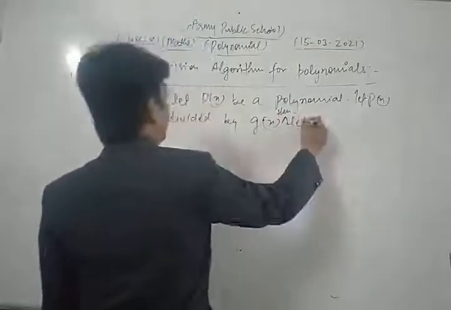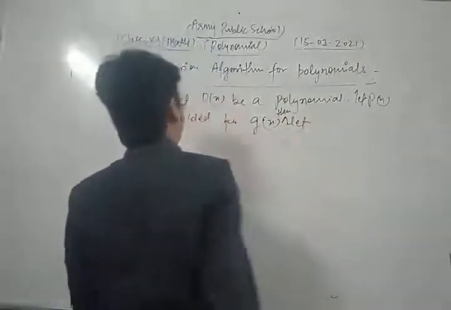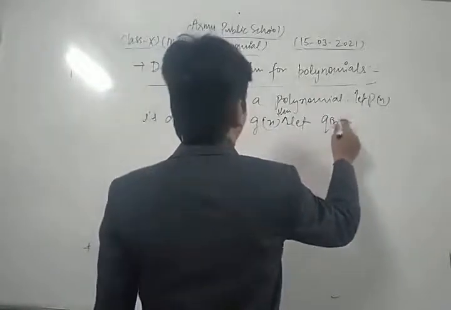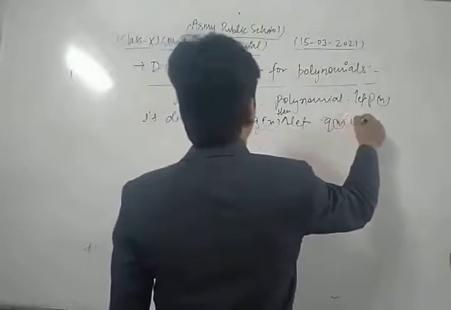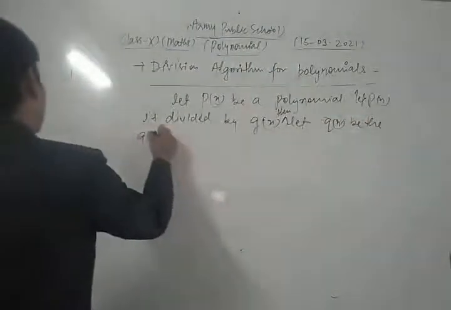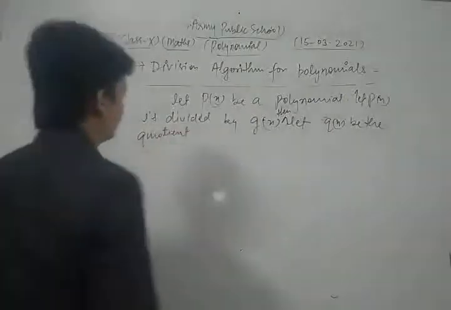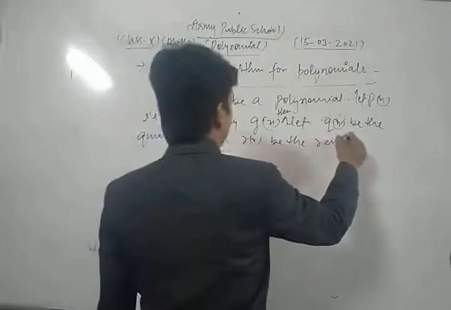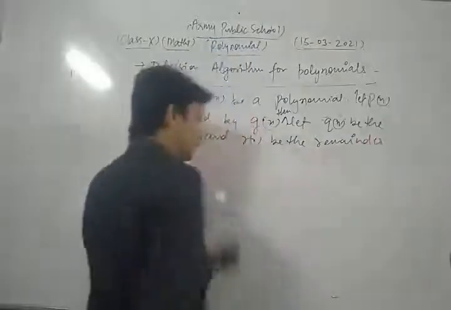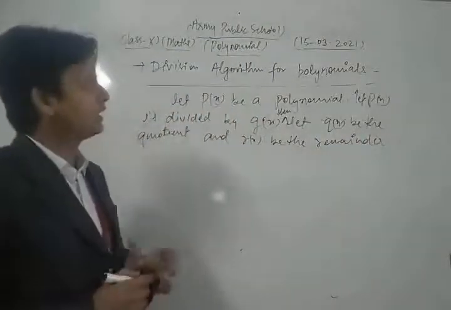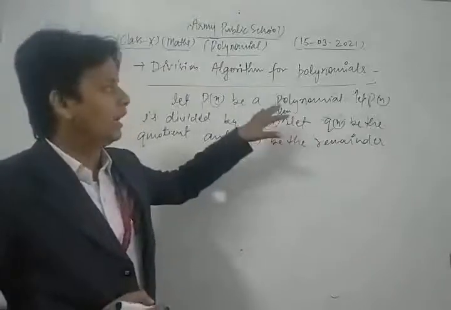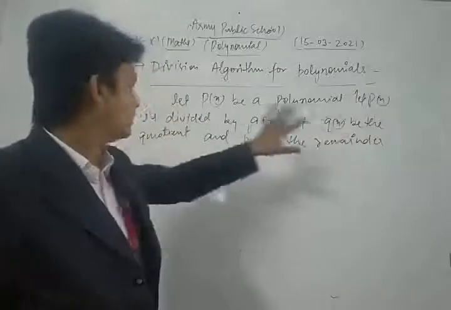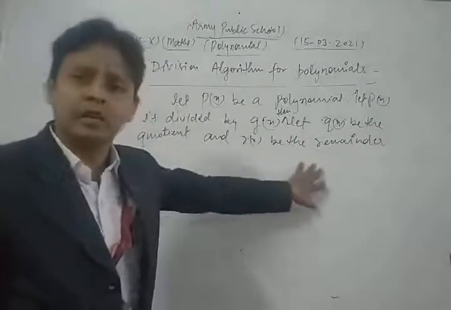Then let q(x) be the quotient and r(x) be the remainder. Okay, dear friends. First of all, we take p(x) to be any polynomial, and that polynomial p(x) is divided by g(x). Then let q(x) be the quotient and r(x) be the remainder.